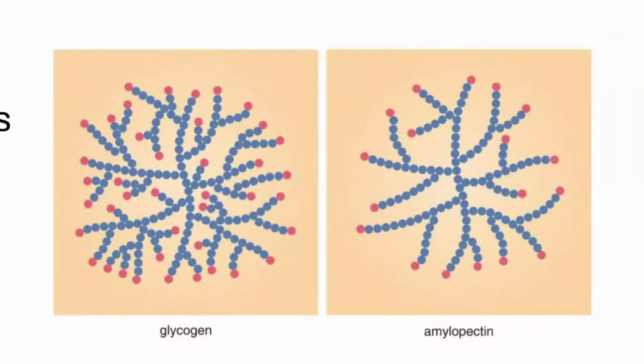Glycogen looks very similar to amylopectin. The only difference between the two molecules is that glycogen is more highly branched. But that being said, since glycogen looks closely like amylopectin, glycogen is also going to have those alpha 1,4 and alpha 1,6 glycosidic bonds that we observed in amylopectin.